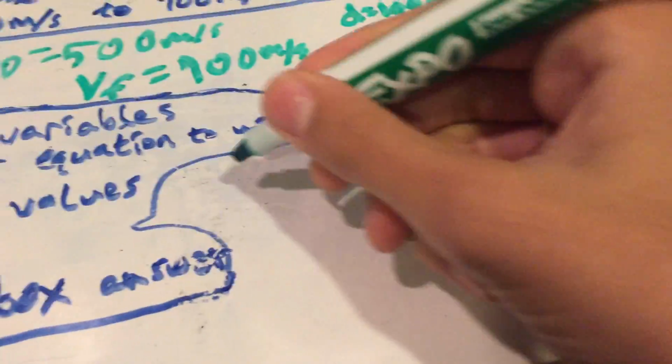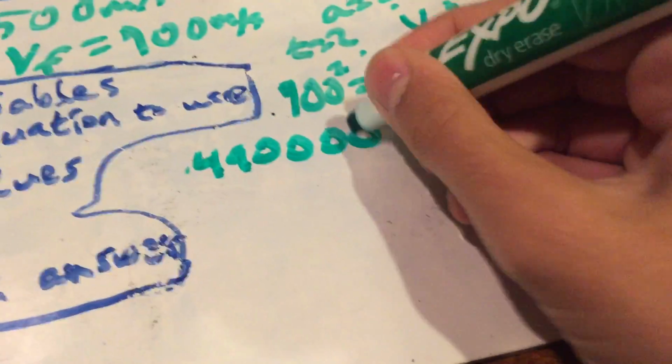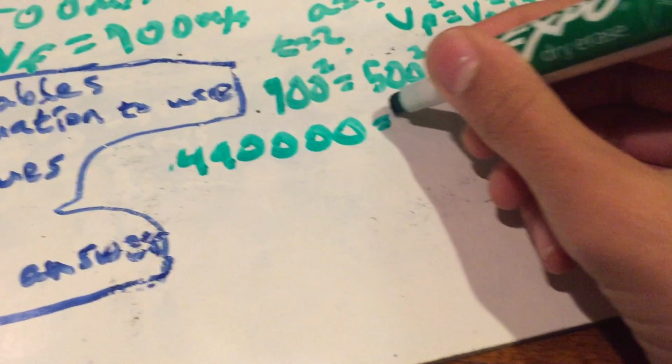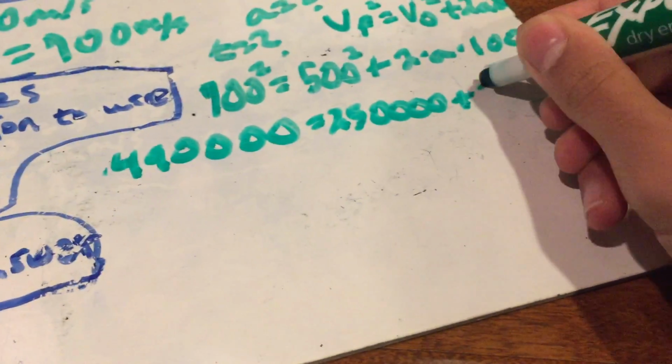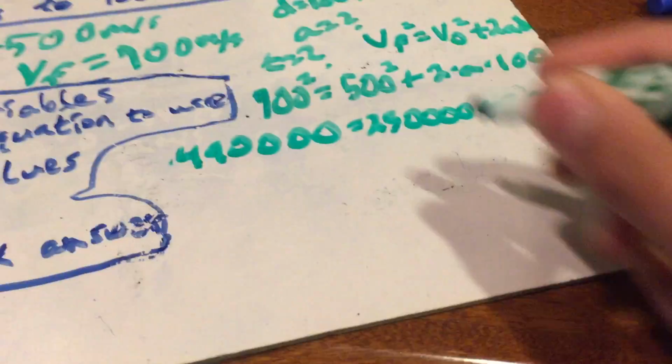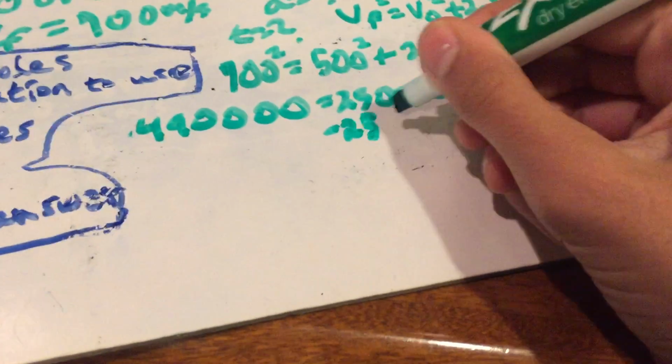So it was 200. Okay, and we subtract this, so we want to isolate the a on the one side.